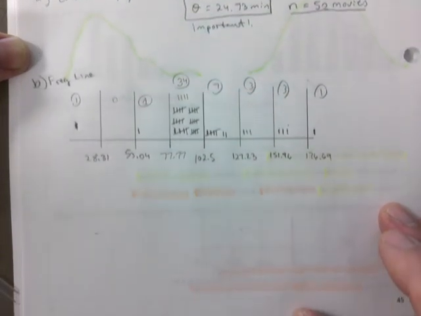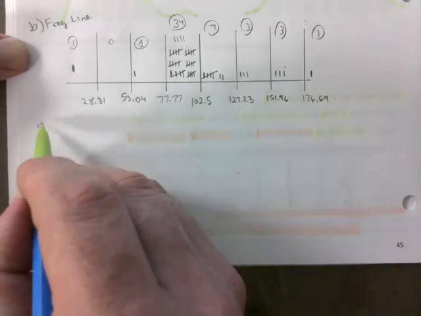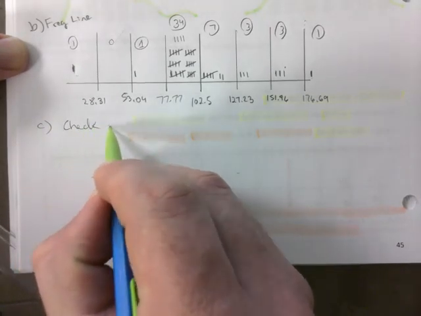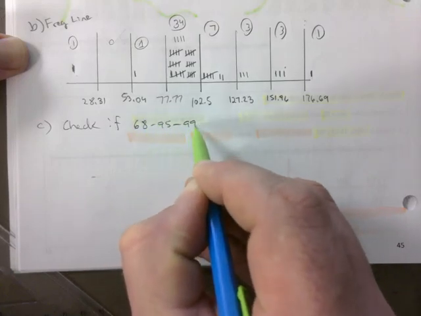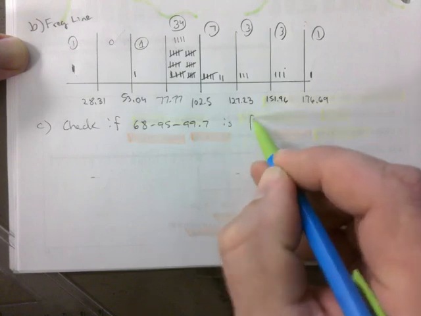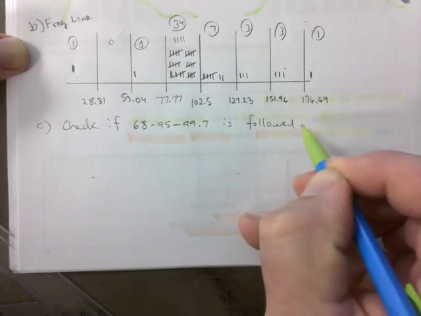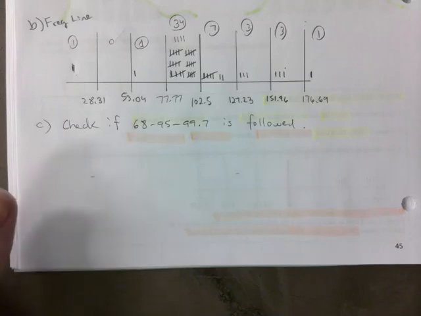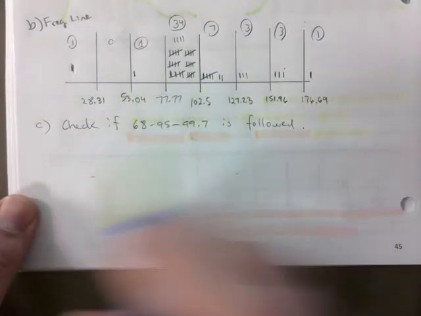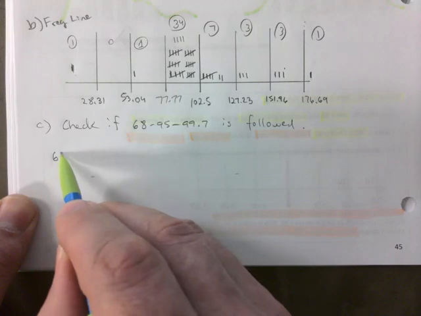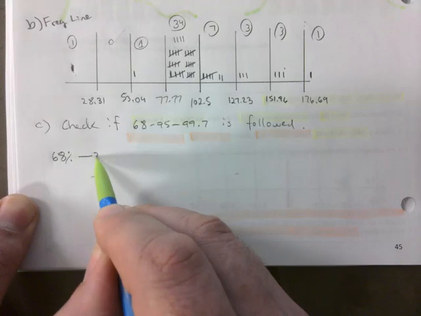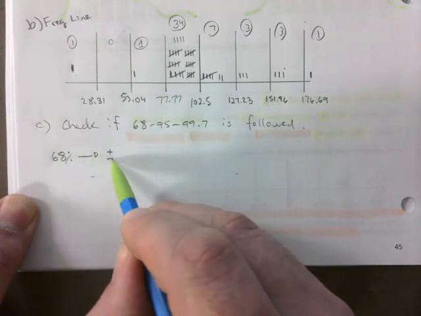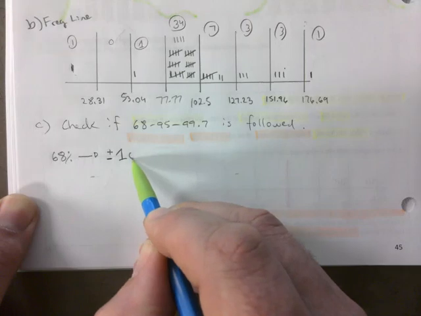So let's do our check here. Check if 68, 95, 99.7 is followed. Okay, that's what you want to do. Okay, 68%. That would be plus or minus 1 standard deviation.